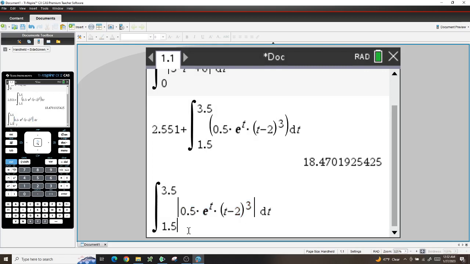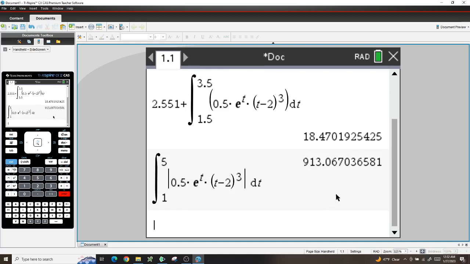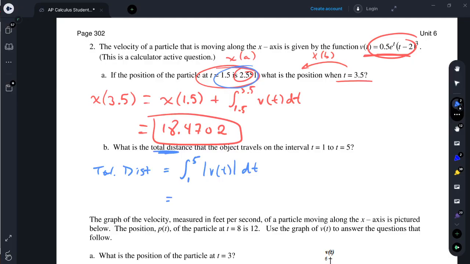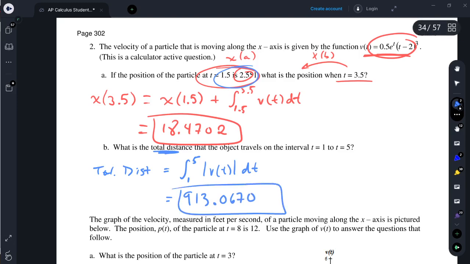We do need to change our endpoints because this changed from 1 to 7. No, 1 to 5. And then we get 913.0670 for our answer. I do like to add that 0 in because that is the 4th decimal, 0, and that indicates that it will keep going, right?